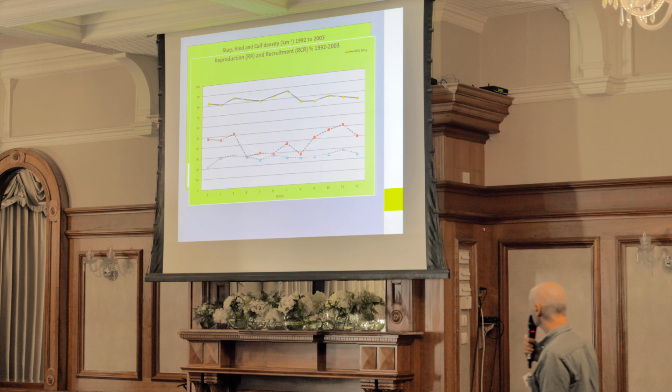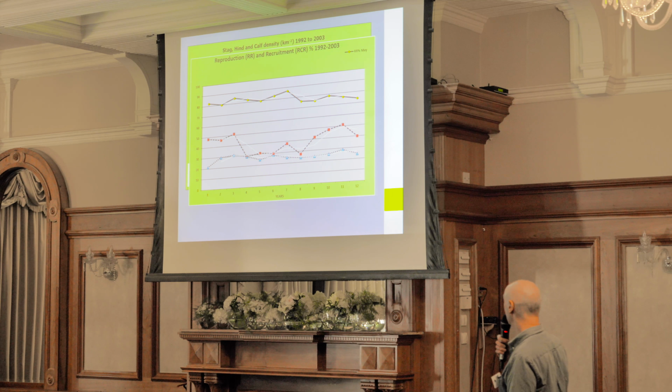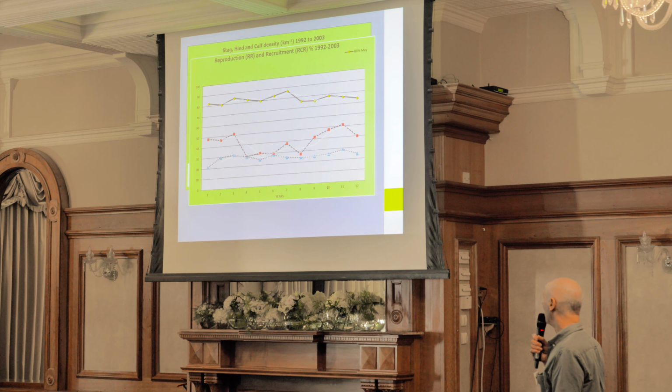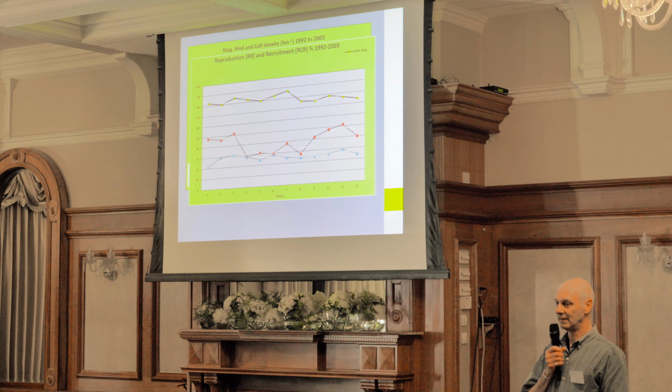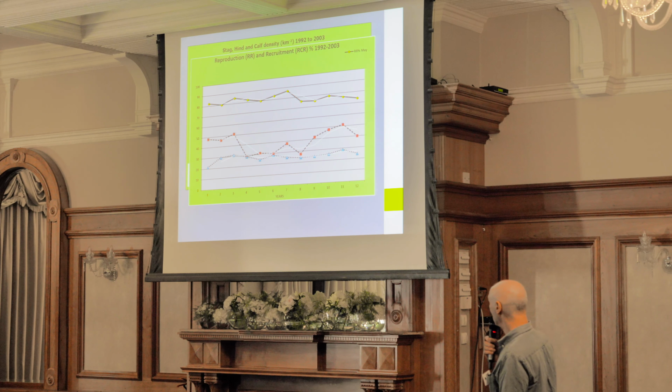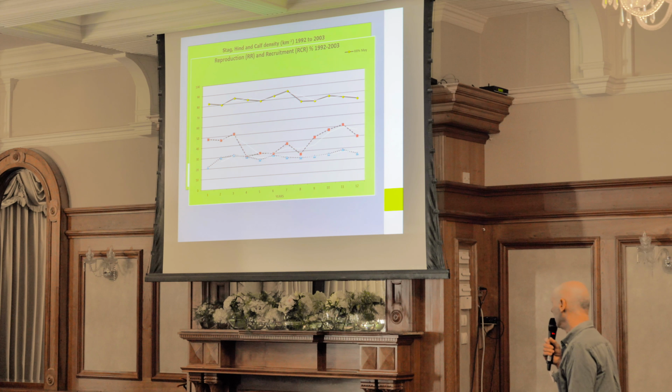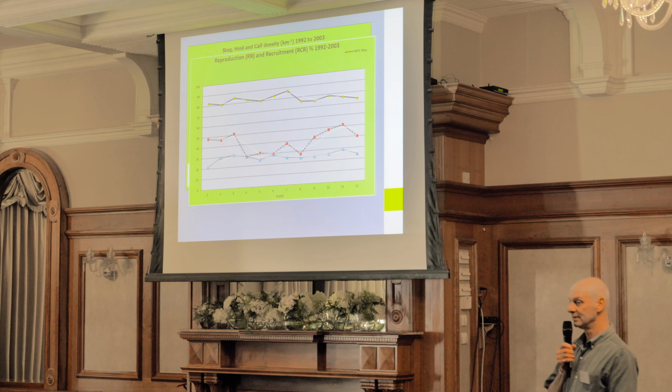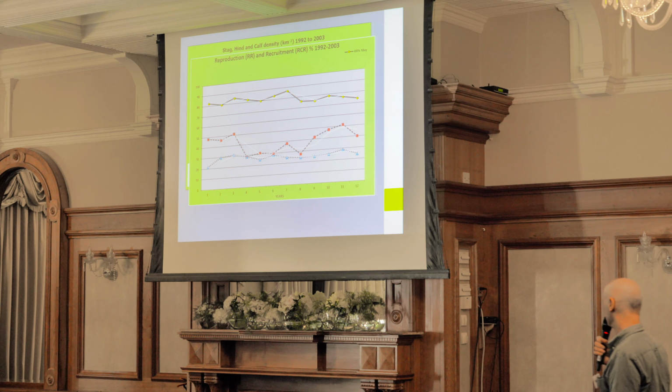The middle line basically is the number of surviving offspring in December of the following year. And about 40% of the offspring actually survived. And the bottom line, the one in blue, is the number of juveniles that actually survived at the end of the period.